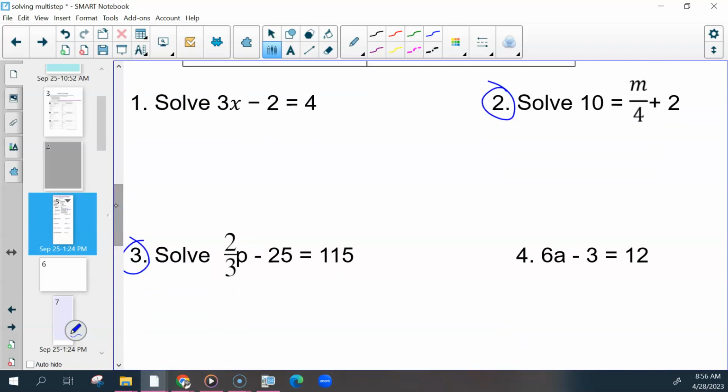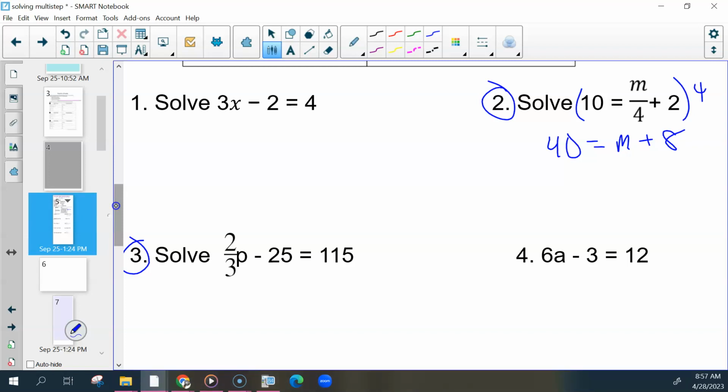So if our goal is to get m by itself, what would we do first? You can do that. There are multiple ways to do these problems. You could multiply everything by 4 to get rid of the fraction. So that would be multiplying on this side and this side, so this would become 40. The 4's here would cancel, just leaving m. This would become 8. But we still have to get m by itself. How would we do that?